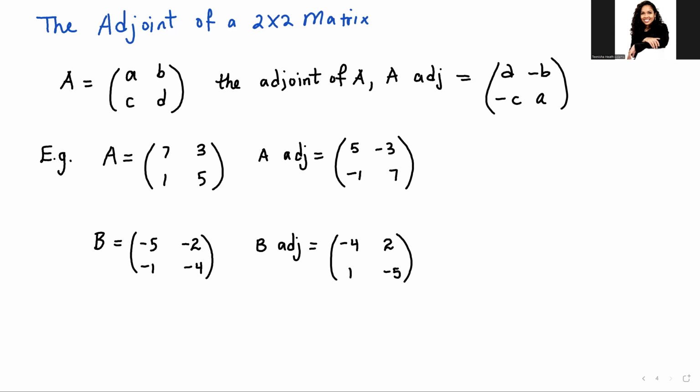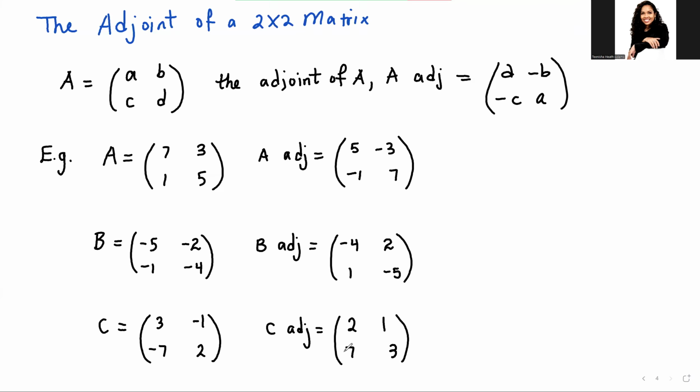Let's look at one more. Here I have a matrix C, and C is equal to 3, -1, -7, 2. Well, the adjoint of C, written as C ADJ for short, would be 2, 3. So I swap those and I change the signs of the remaining elements.